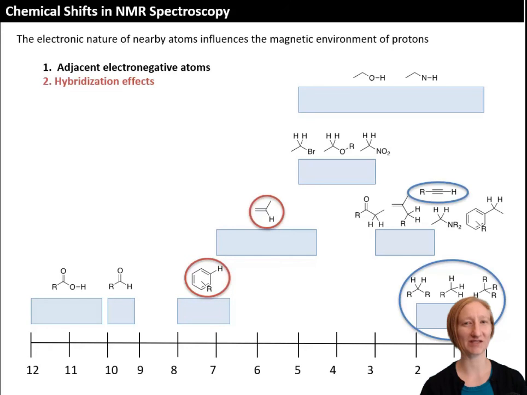Although they're sp hybridized, and we would predict them to resonate further downfield than alkenes or arenes, they actually appear around 2 ppm. And that's due to a competing effect, in this case of the internal magnetic field created by the pi bonds. It's something we call anisotropy. In all other cases, though, the electronegative atoms and s character of the carbon will lead to downfield shifted protons.